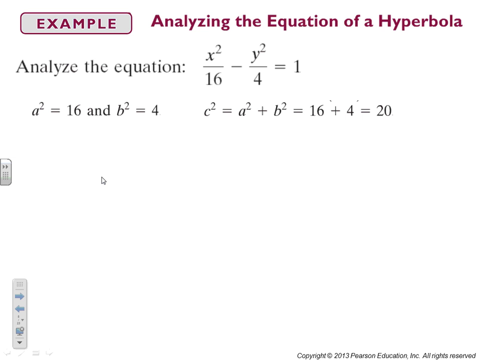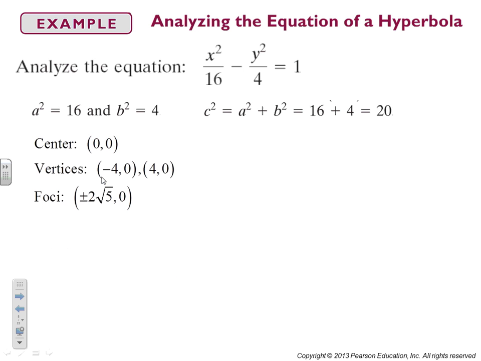We know that c squared equals a squared plus b squared, or 16 plus 4, which is 20. So c is equal to the square root of 20, which reduces down to 2 root 5.